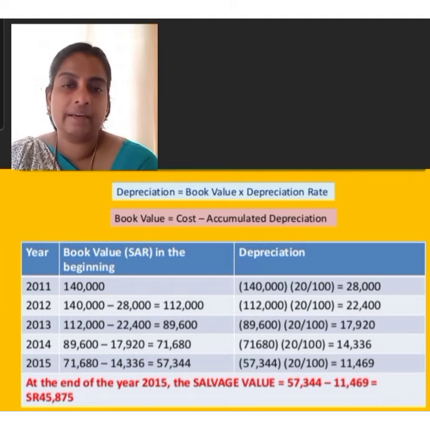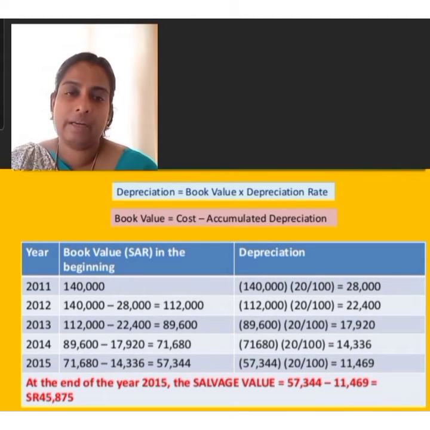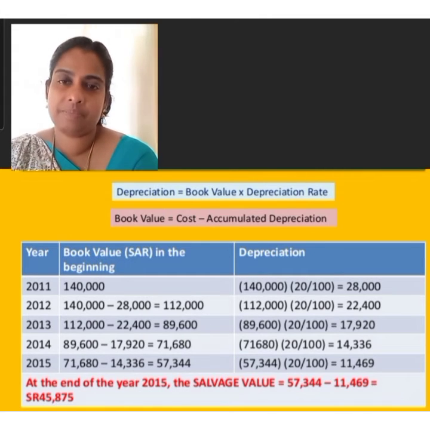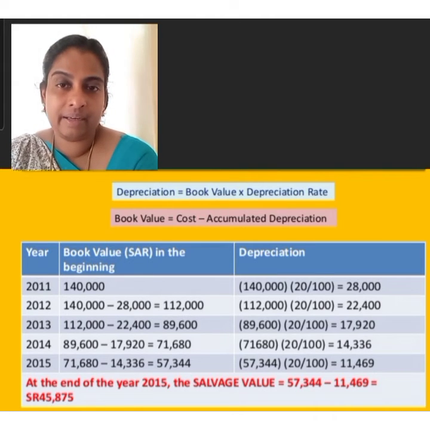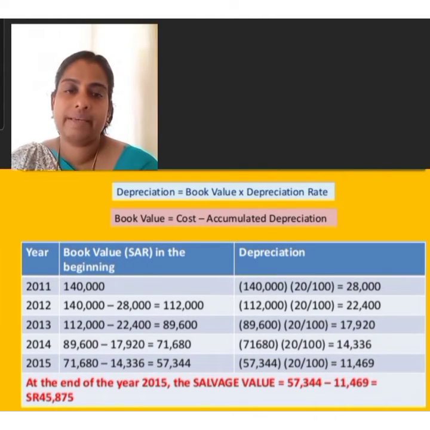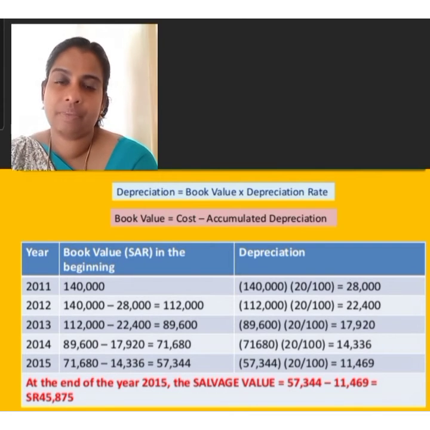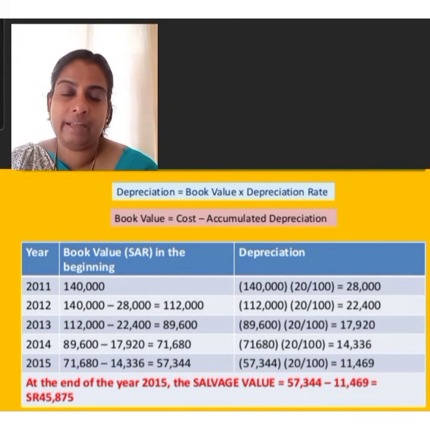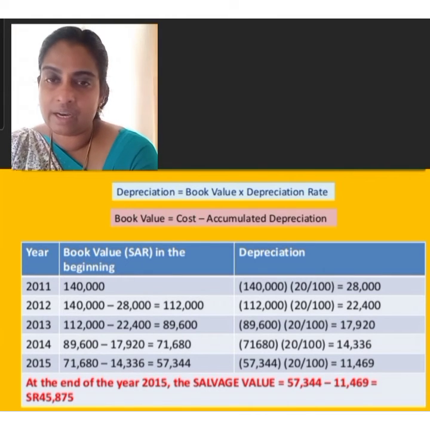Then during the second year, charge depreciation: depreciation account debited to machinery account, 22,400, being depreciation charged. The next entry, same day, at the end of the second year: profit and loss account to depreciation, 22,400, being depreciation written off. Then at the end of the third year, depreciation account debited to machinery account, 17,920, being depreciation charged.